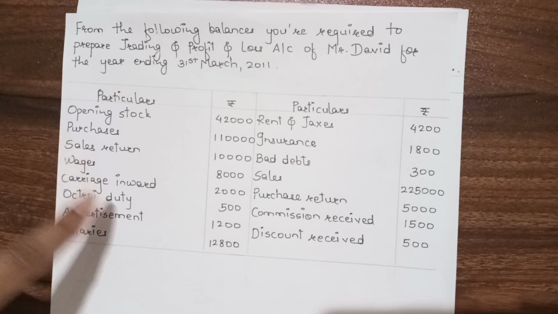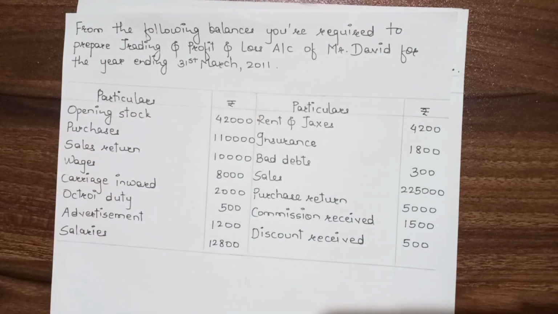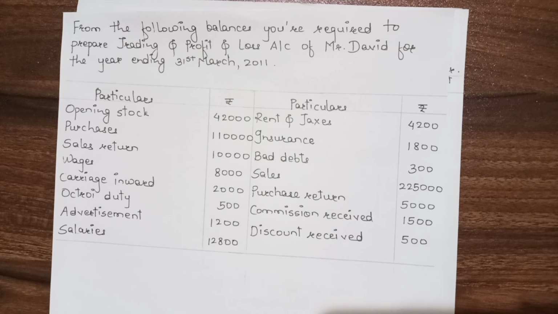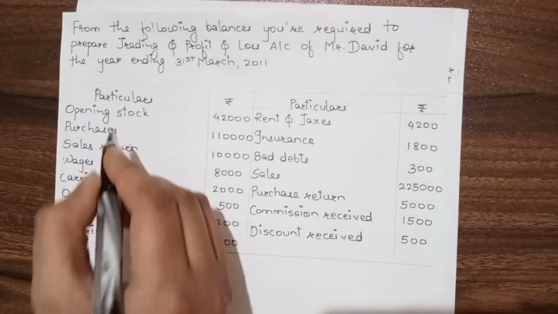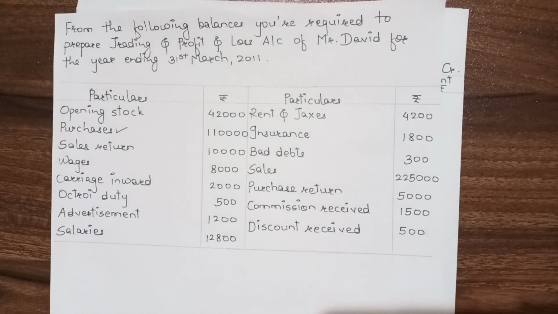But in these balances there is a hidden adjustment, which you have to identify. Here purchases is definitely going to have an adjustment because purchase return is given to you. So this is how you have to identify the hidden adjustment. Purchases has an adjustment, so we are going to tick mark it to show that we have to solve an adjustment on it, and then write down the final amount in the outer column.